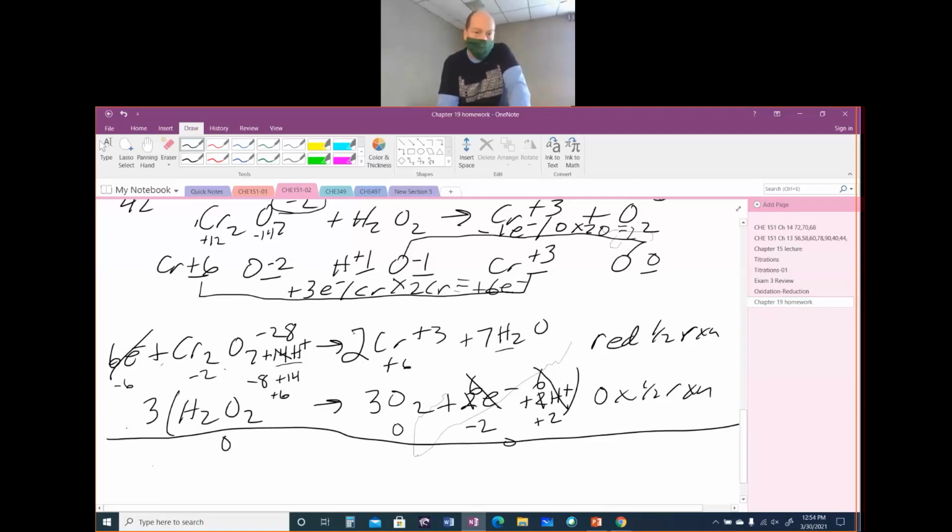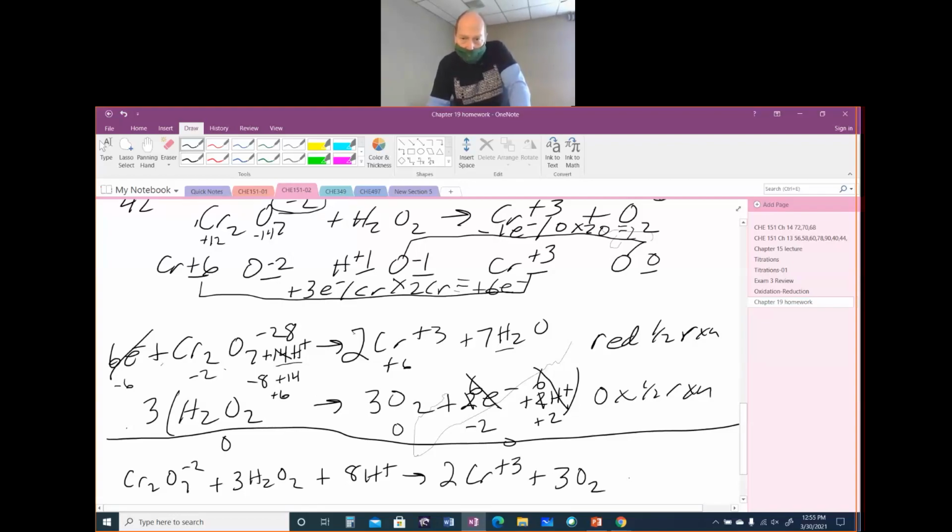So now we're ready to bring everything down. We've got our Cr2O7 2-, plus our 3 H2O2, plus 8 H plus on the left, yielding 2 Cr 3+, 3 O2, and 7 H2O.